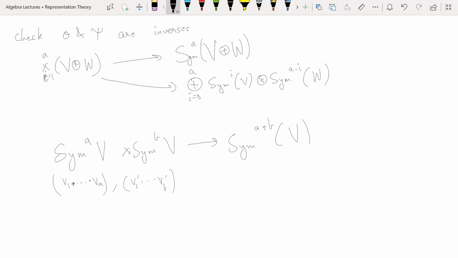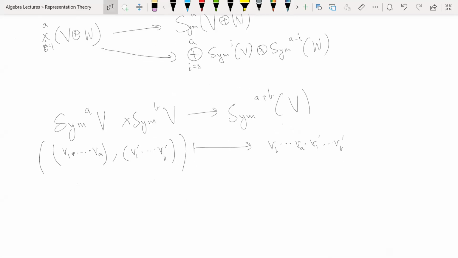This is how elements here look, sums of this are typical elements. This is the product map.